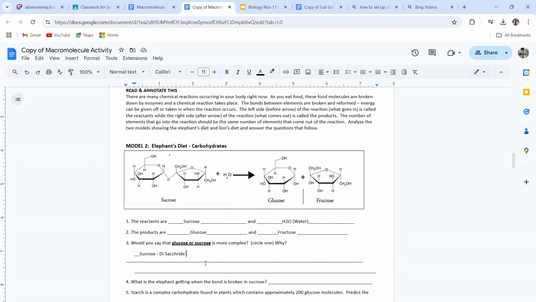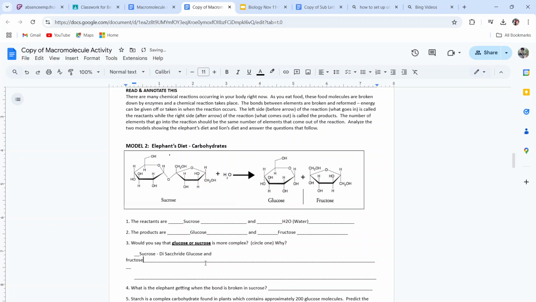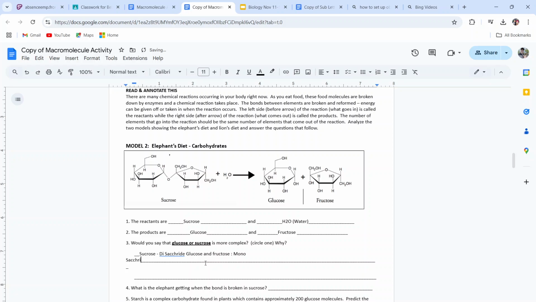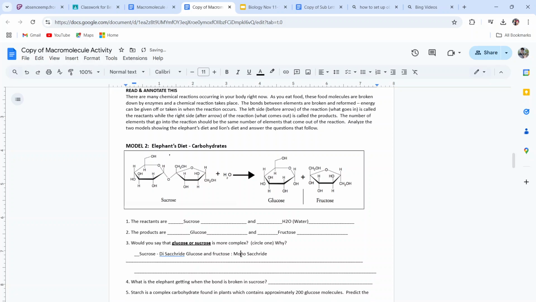Whereas if we take a look at glucose and fructose, they're what we call monosaccharides. Okay? Mono means one. Saccharide, sugar. They're a one ring of sugar.